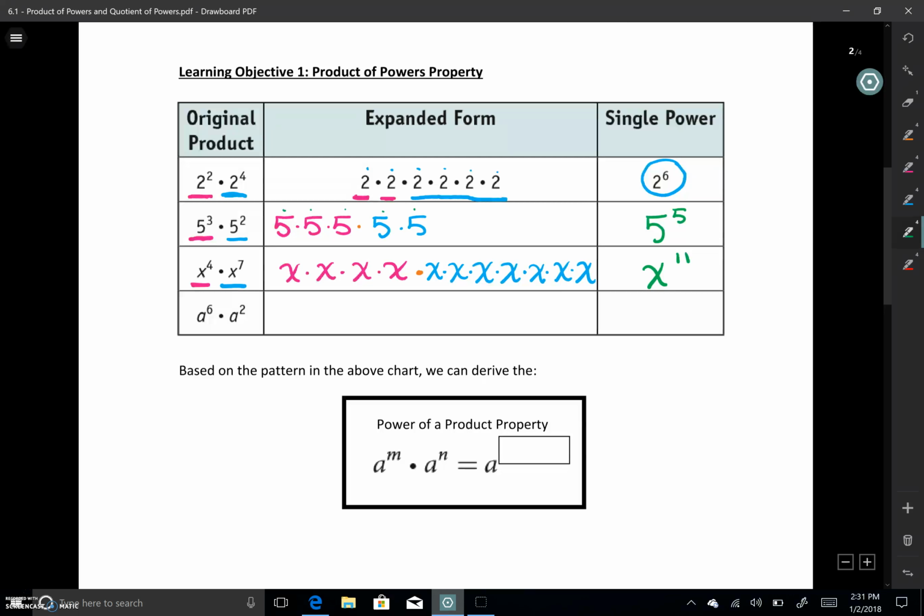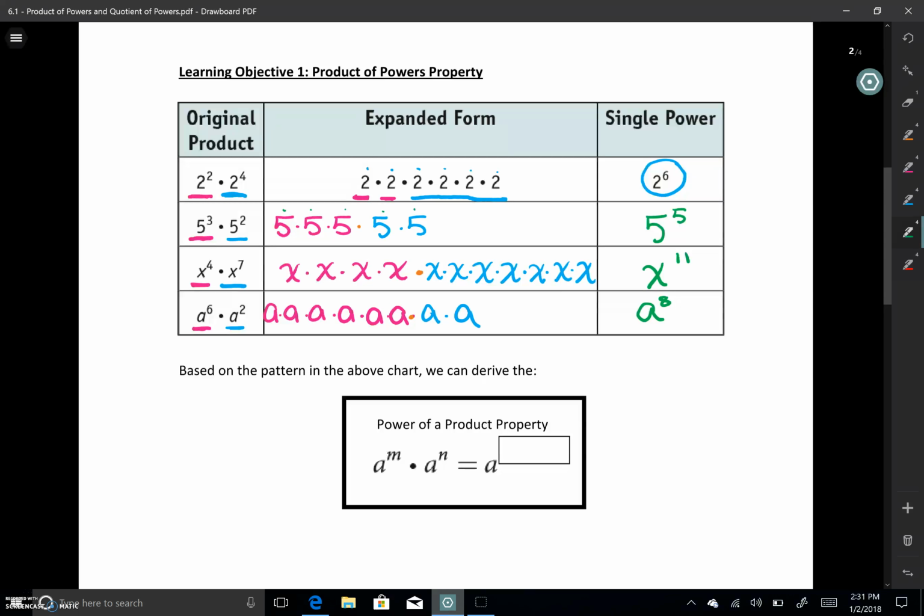Working on the 4th line here, my first power is a to the 6th. So that's a times a times a times a times a times a, and then I'm multiplying all of that by a squared, which is a times a, and if I count them all up, I find that I get a to the 8th power, just by counting up all my a's.